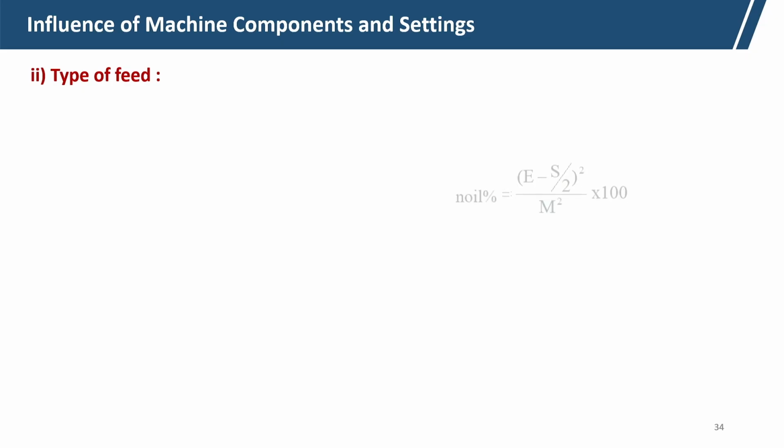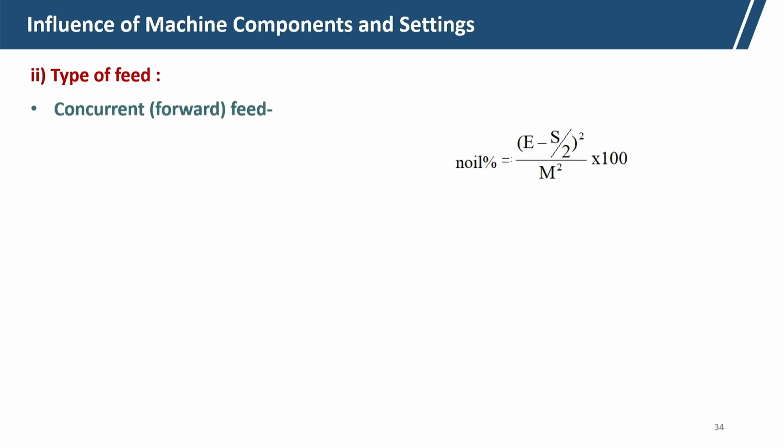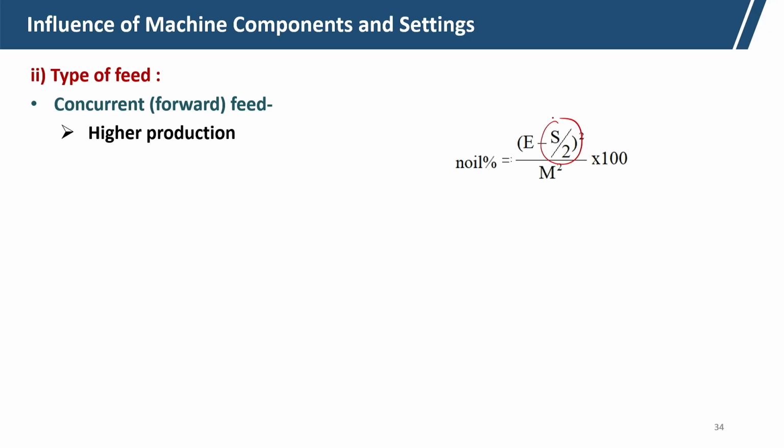So, type of feed: this is the forward feed. Forward feed gives higher production because of lesser Noil percent. So, productivity becomes more, and the quality requirement is not stringent because more short fiber goes to the comber sliver.